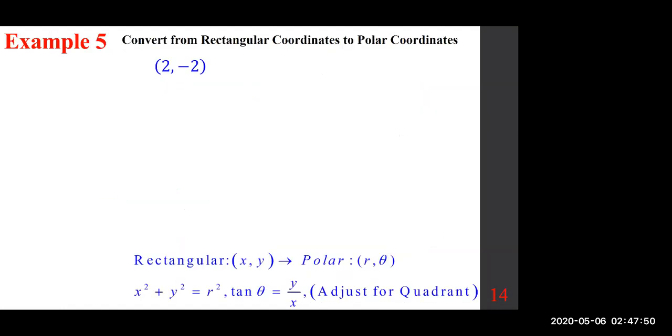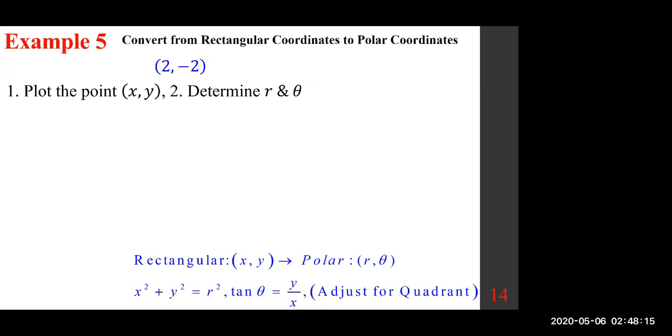All right, now we want to convert to polar coordinates given the pair 2 comma negative 2. We start by plotting the point, and then we determine r and theta. So r is the square root of x squared plus y squared.